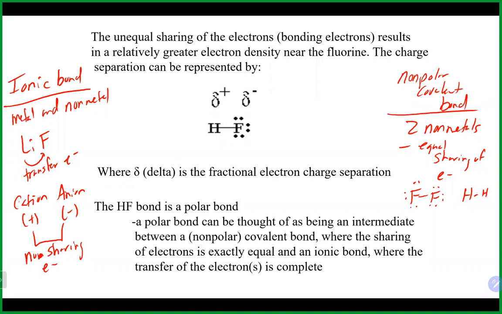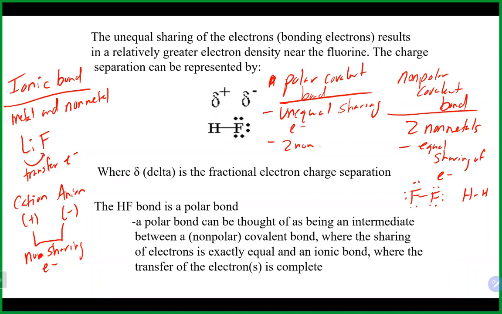And here we definitely have sharing of electrons and it is equal. And in the middle is a polar covalent bond, where we have unequal sharing of electrons, also between two nonmetals, such as this one right about there.